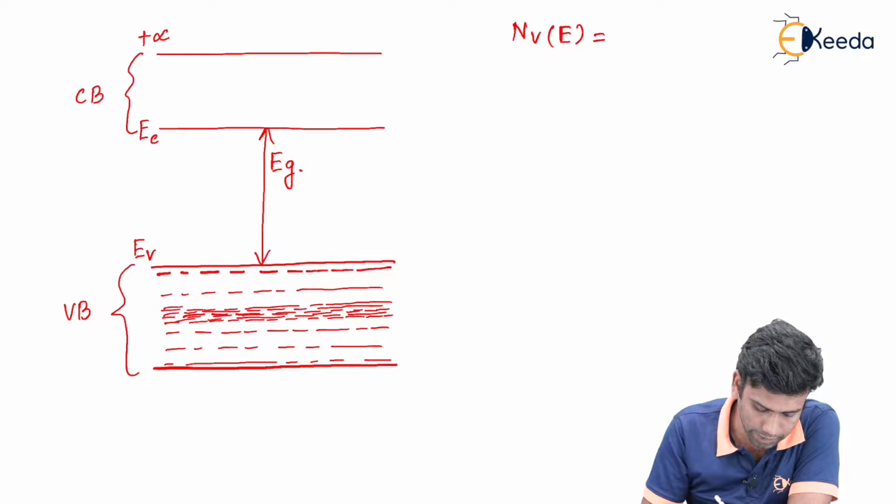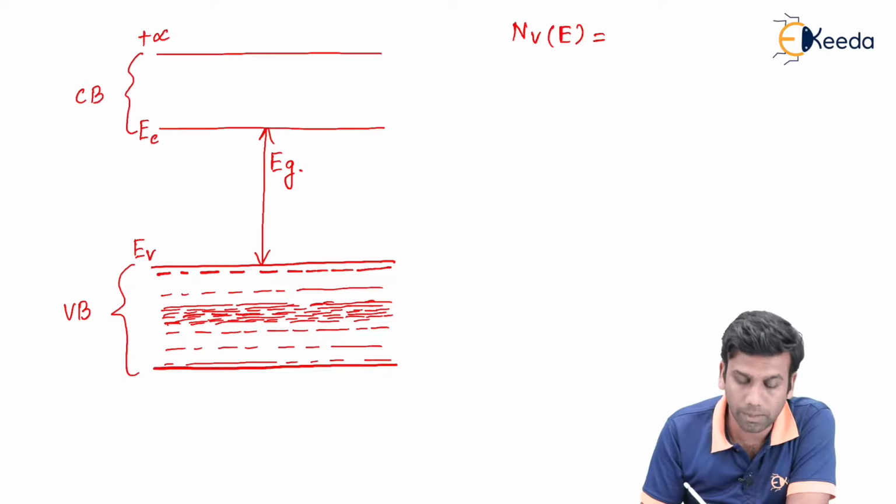So, from this diagram we can see that at the middle of the band the density of the energy states is very high, and as we move towards the band edge the number of energy states decreases.